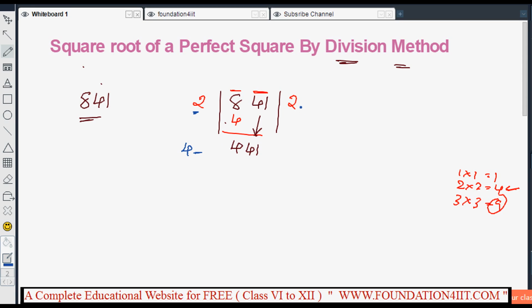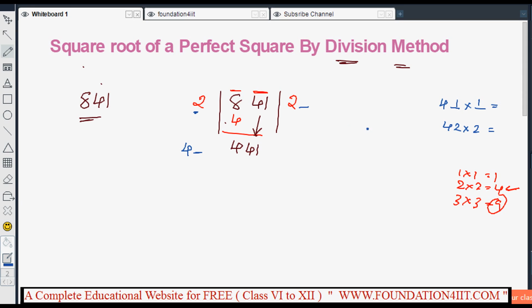The same number should come here and here, after the 4 and also at the side of the 2, because it is a square. So the number should make 441.